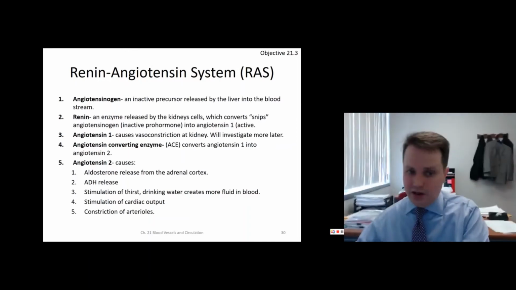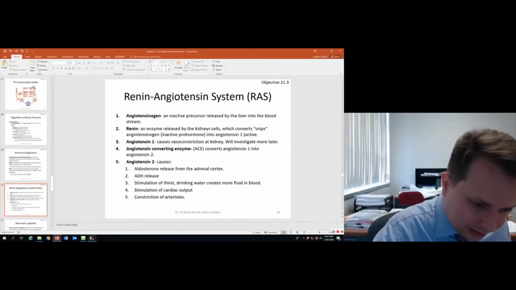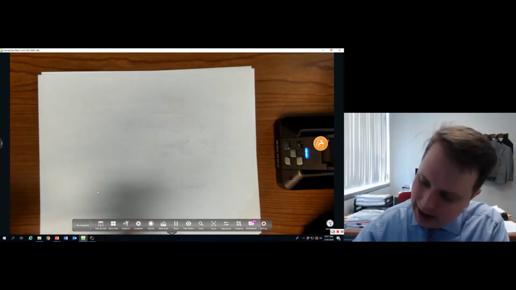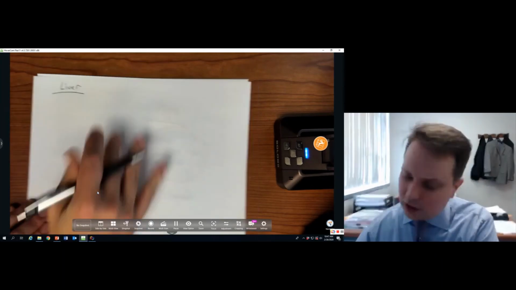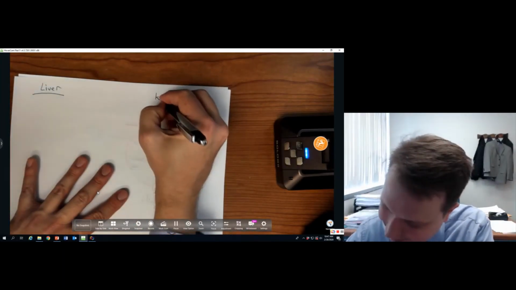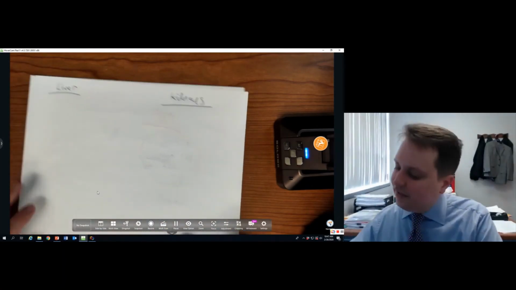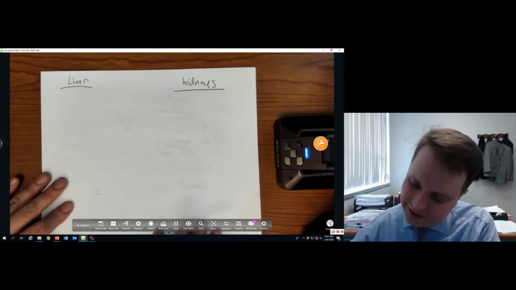Now, another thing you have to really understand is the RAS system. RAS. This is huge, and this is hugely important. So I'm going to start off by explaining it, with two major players, liver and kidneys. Now, the liver, we already said, makes most of the blood proteins.